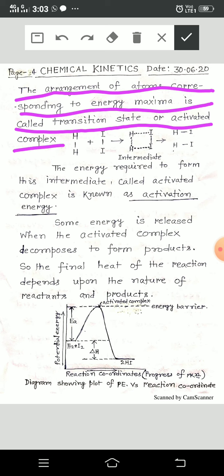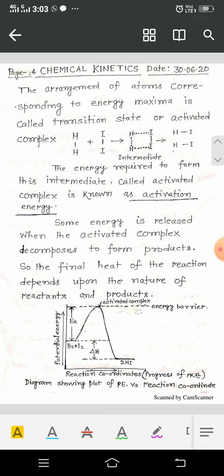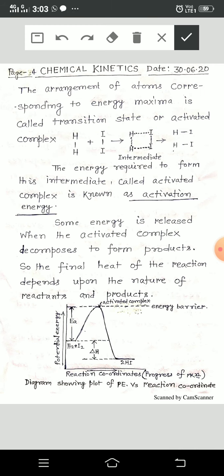So this is H2 molecule, and here is I2. Formation of new bond takes place between hydrogen and iodine, and breaking of bond takes place between 2 atoms of hydrogen and 2 atoms of iodine.